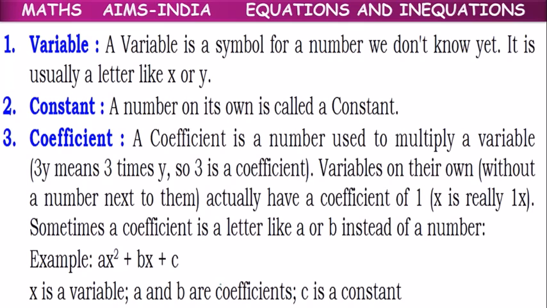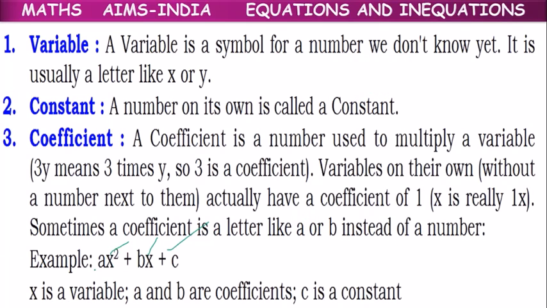Sometimes coefficients are represented by letters like a x square, b x. Coefficients will be represented by English small letters like a, b instead of a number. Like here, a x square plus b x plus c.